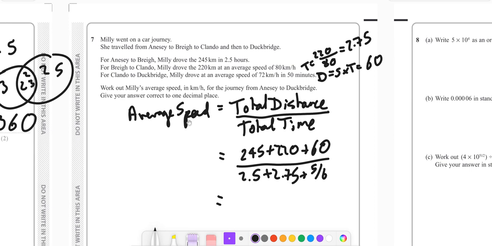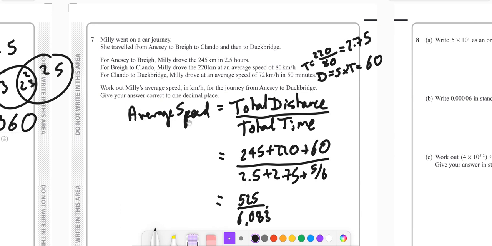Add that together: 245 plus 220 plus 60 is 525, and the total time, 2.5 plus 2.75 plus 5 over 6, is 6.083 recurring.